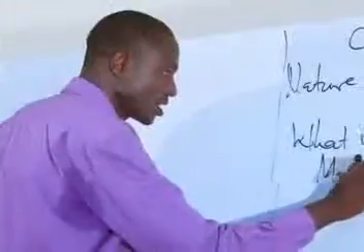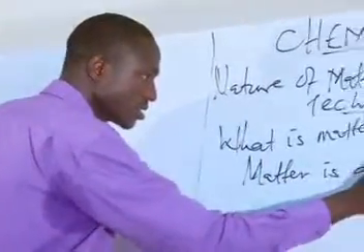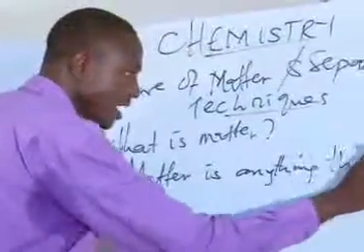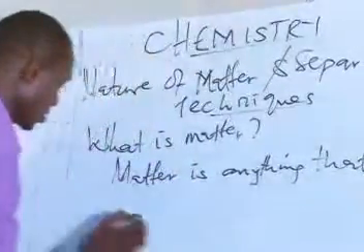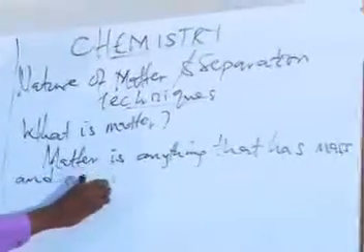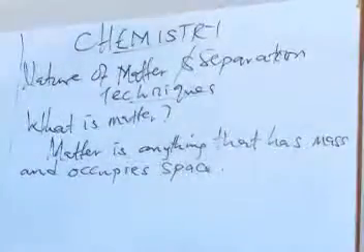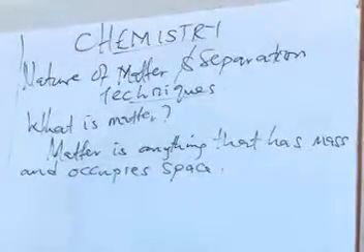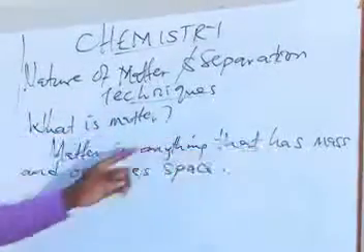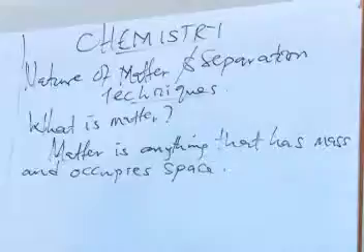By definition, matter is anything that has mass and occupies space. I don't think there is anything on earth that will not either have mass or occupy space. So everything around us is a form of matter.